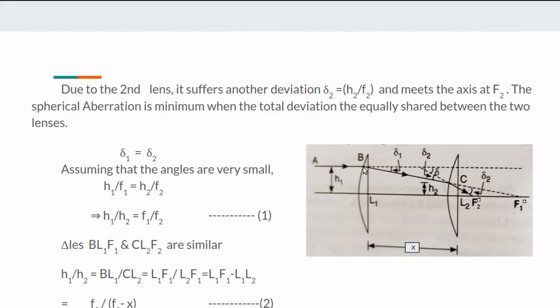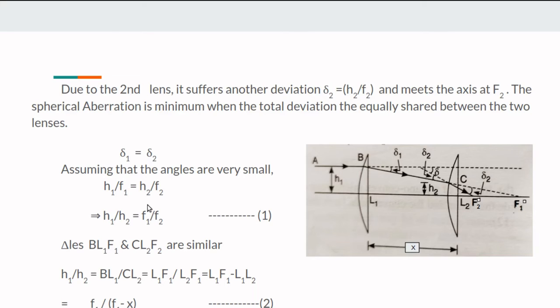Therefore, the deviation produced by the first lens is h1 by f1, the focal length of this lens, and the refracted ray from the first lens touches the second lens at height h2. Therefore, the deviation produced by the second lens, delta 2, is equal to h2 by the focal length of this lens.